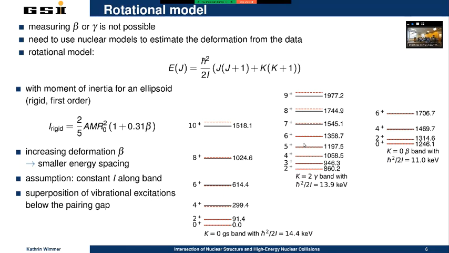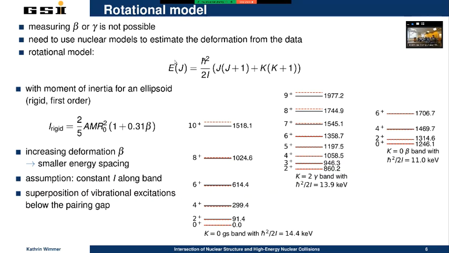As I already said, measuring gamma and beta directly is not possible, and we have to use a model to estimate the deformation from the data. And there are various observables which can be used for that, and they will go in increasing complexity. So the simplest observable for spectroscopists like me is just to measure the energies of states.